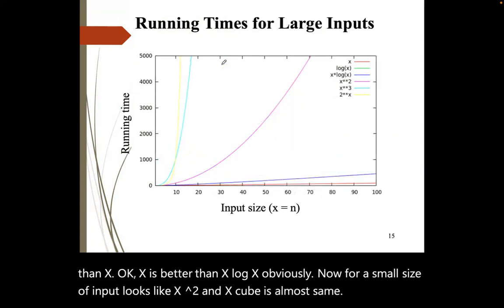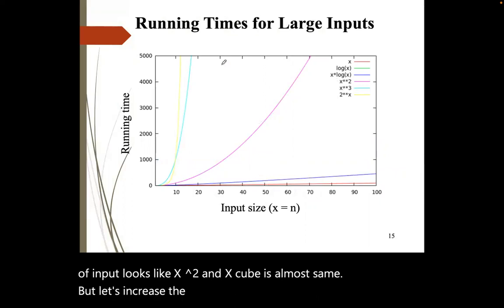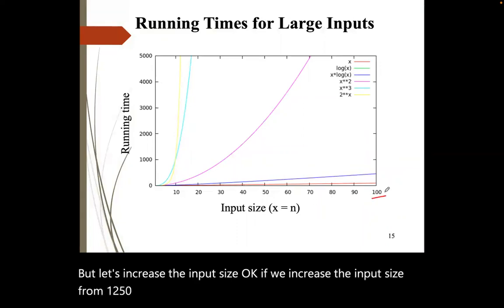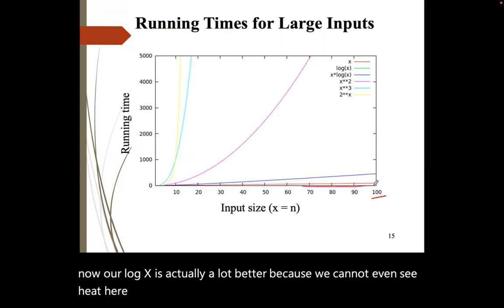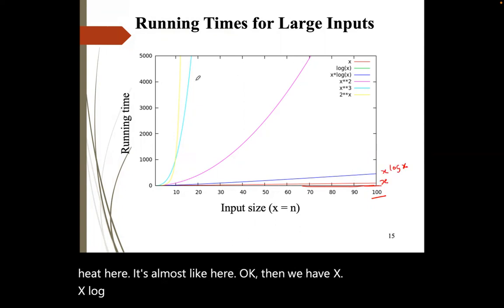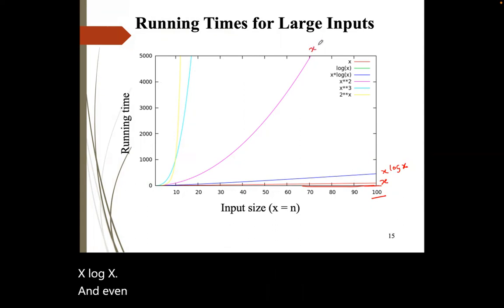But let's increase the input size from 10 to 100, and we are going to see a significant difference. Now our log x is actually a lot better, it's almost like here. Then we have x log x, and you can significantly see the difference between x square and x cube.